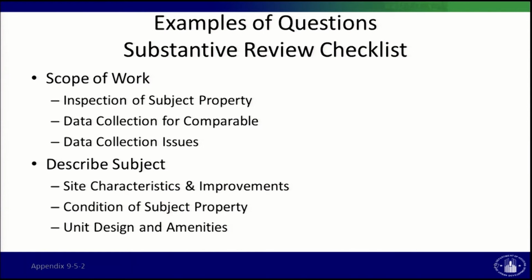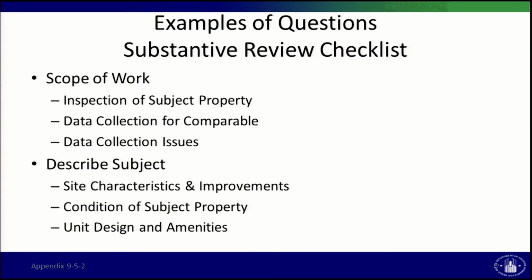There are several yes/no questions on the checklist, including: did the appraiser perform a physical inspection of the subject? Did the appraiser provide information on the data collection for the comparables? Did the appraiser provide details on any data collection issues? For example, data that was not obtainable or was estimated.